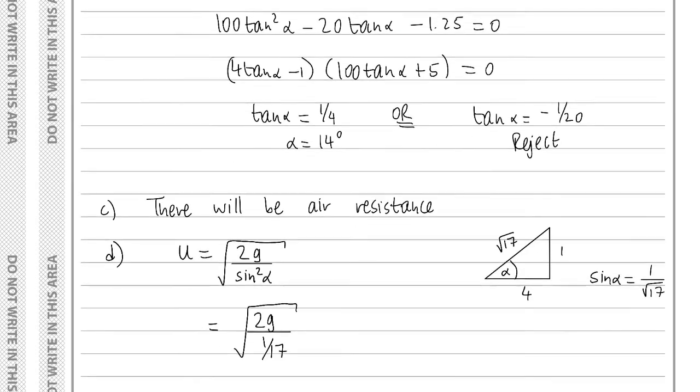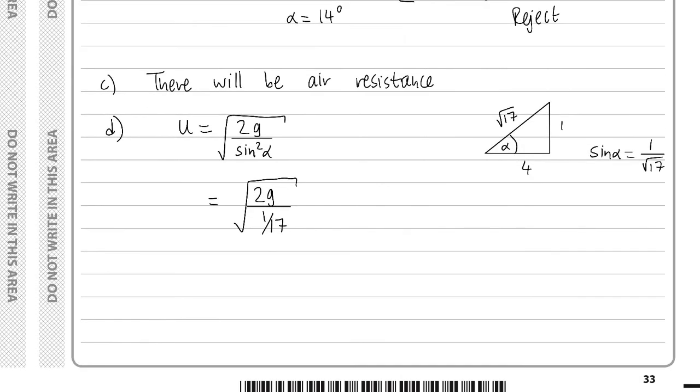So t is 20 over u cos alpha, which is 20 over the value of u, the square root of 2g over 1 over 17, times cos alpha.